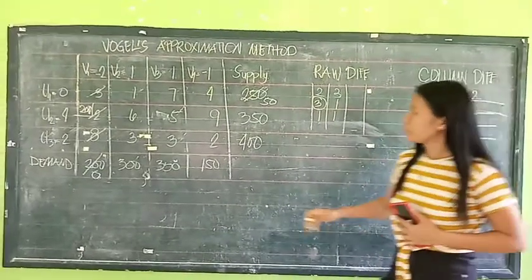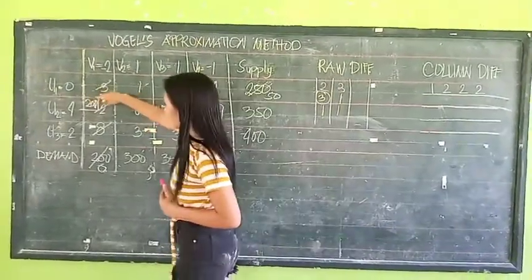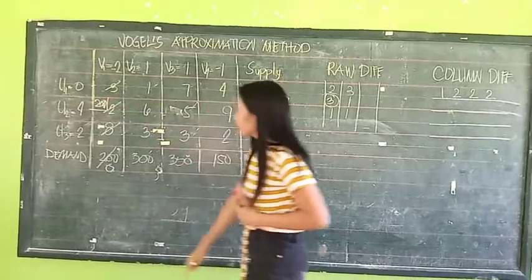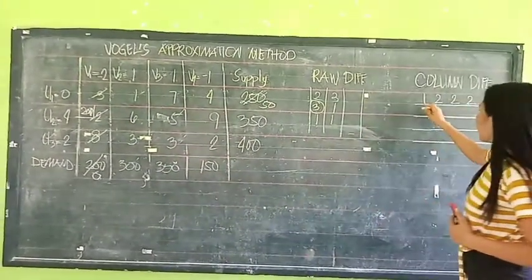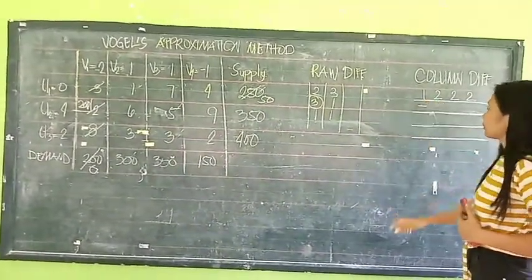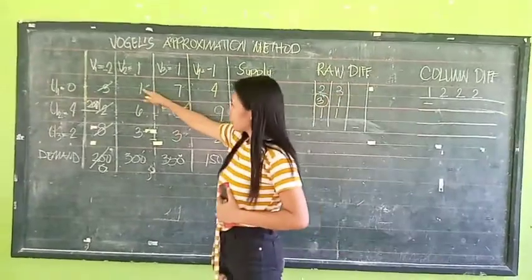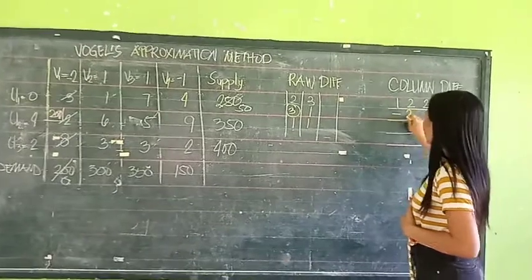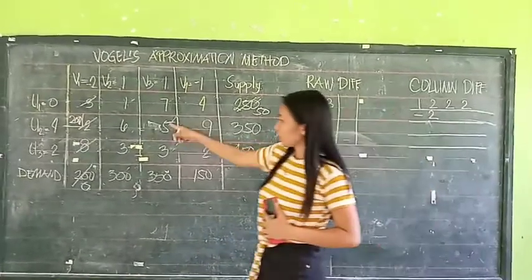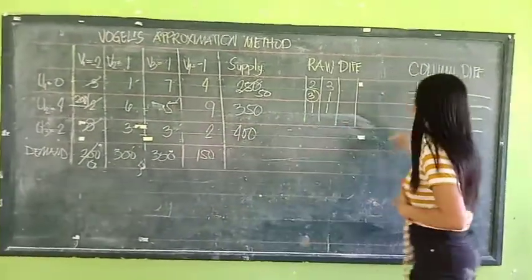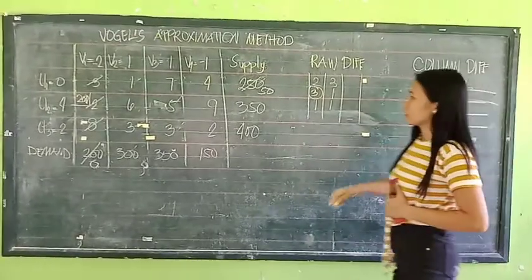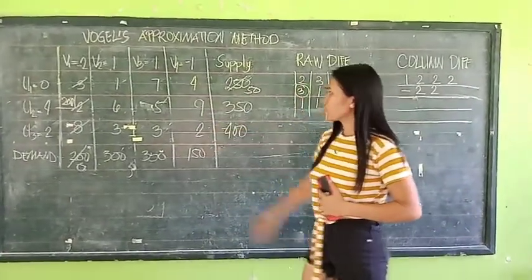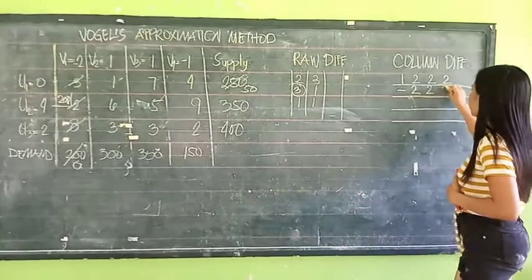In the column, since this area is done, we need to put a line. The difference of 3 and 2, copy 2 since they are the same. The 3 and 5 is 2, copy 2. And the 4 and the 2, the difference is 2.